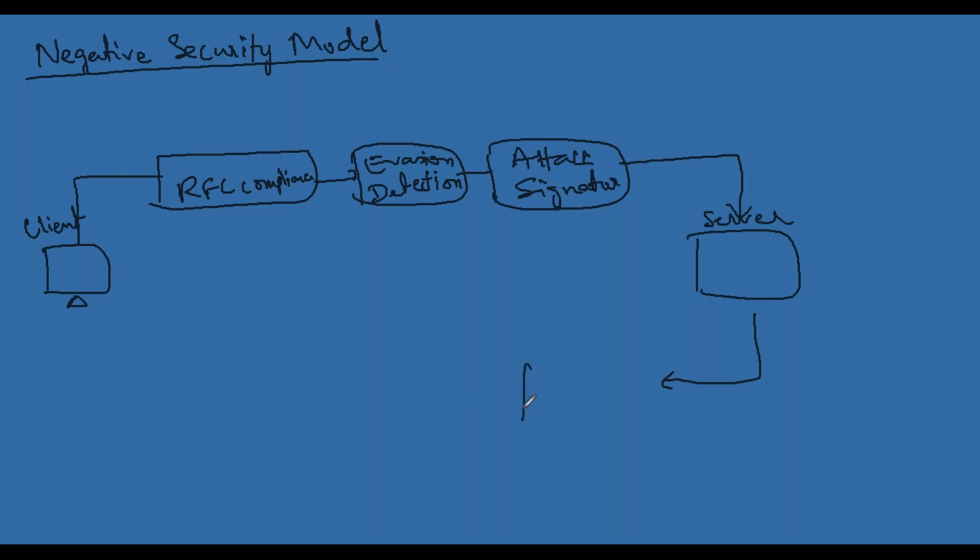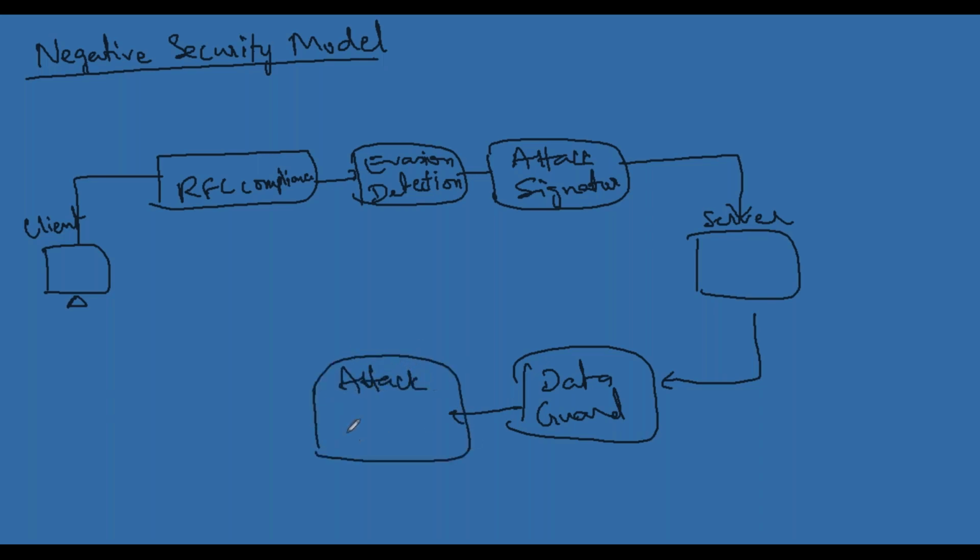From the server, in the response, you will check if the server is responding with any critical data, like credit card information. For that you have a feature called data guard, which we'll discuss later. Then again, in the response you can see if it is matching an attack signature, and then send the response back to the client.